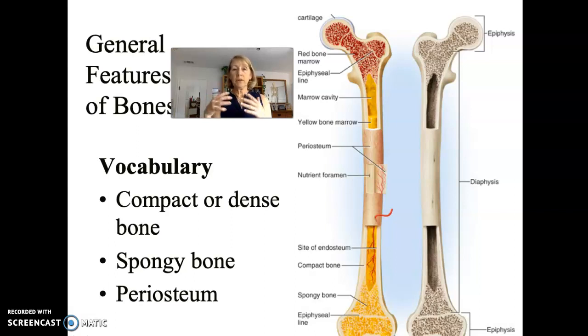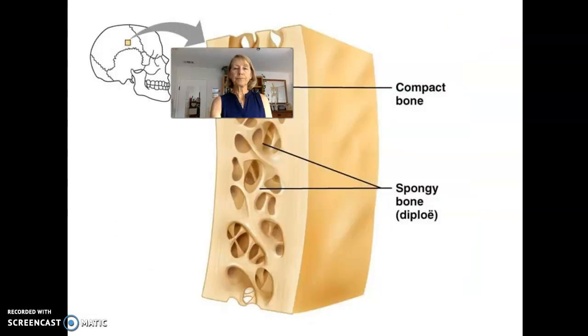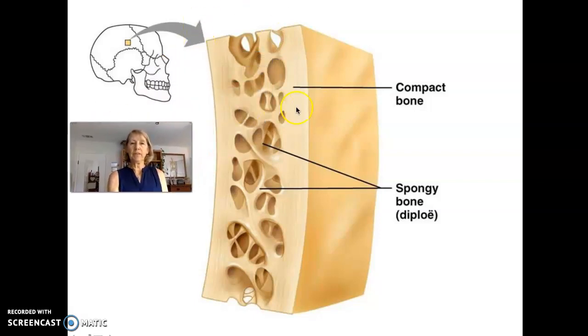It's where arteries and veins are able to anchor through this layer and irrigate the bone itself. So this is an example of compact bone here, and you can see how it has this very solid area, compact, and then some of the spongy bone here that I showed you in that first picture. So all those osteocytes are in these little trabeculae of the bone.